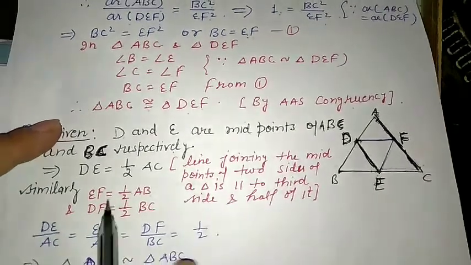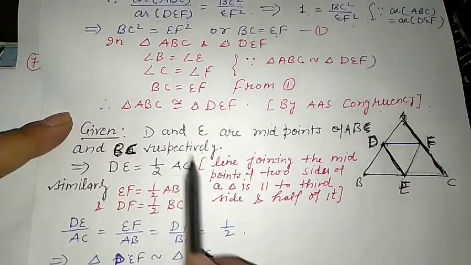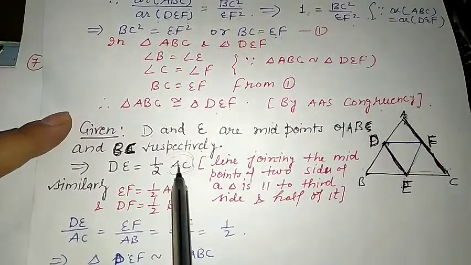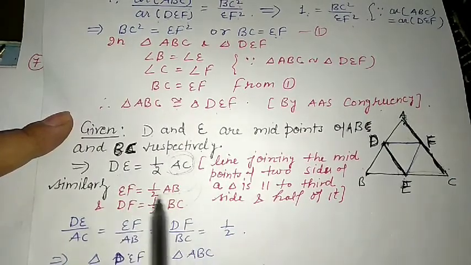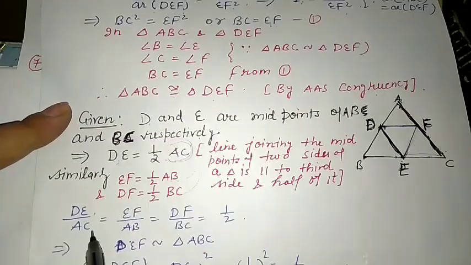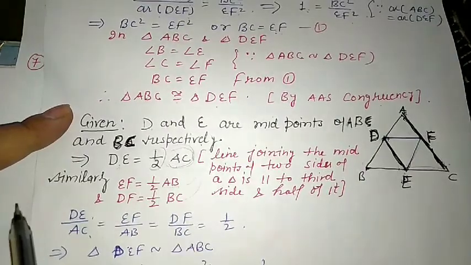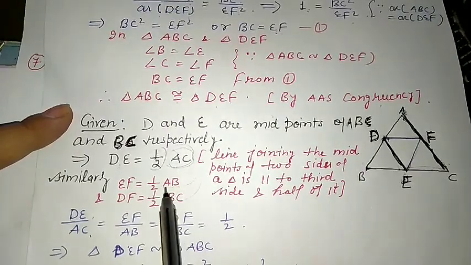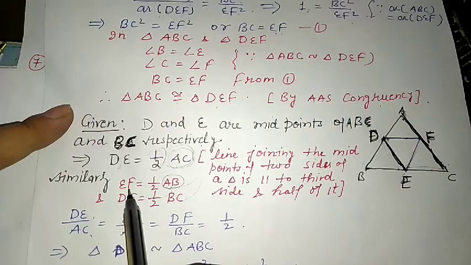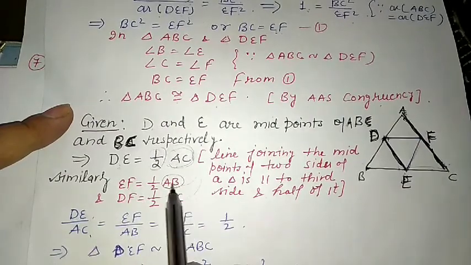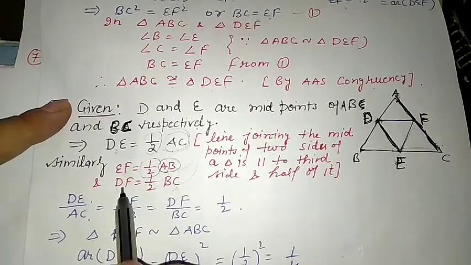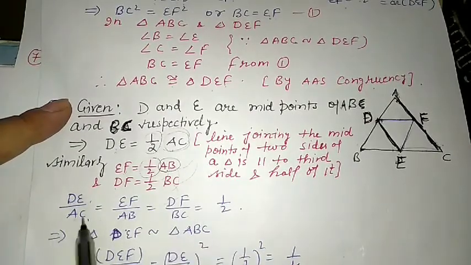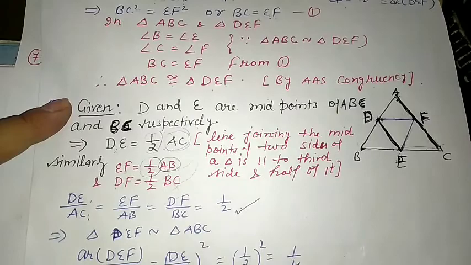Right. So if we transpose, DE upon AC, what is remaining here? Half. Again EF upon AB remains half, DF upon BC again remains half. So all the three ratios will be equal to half.